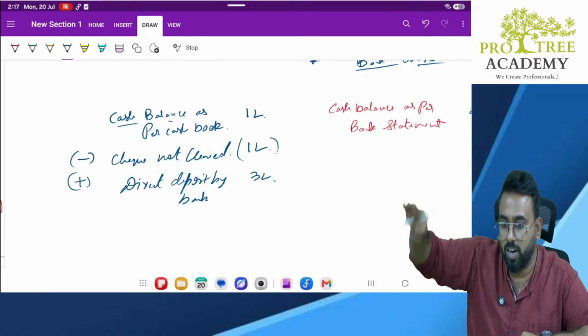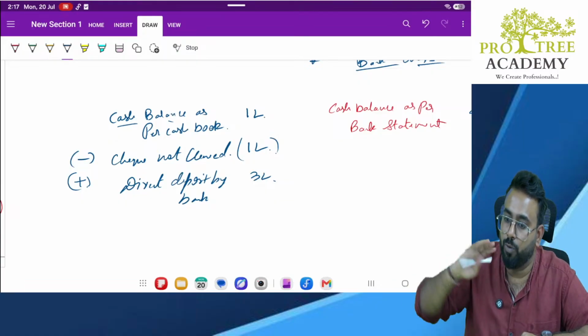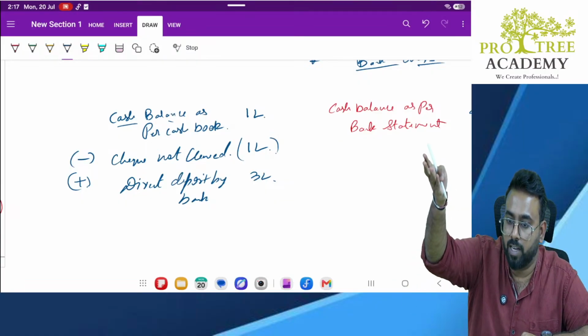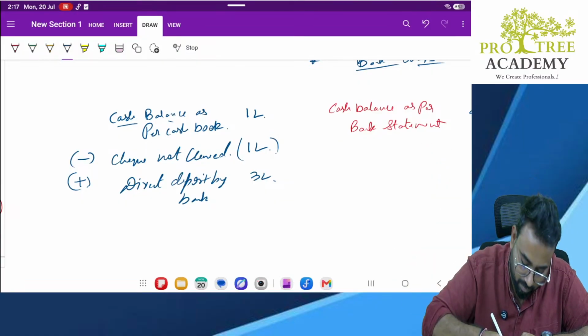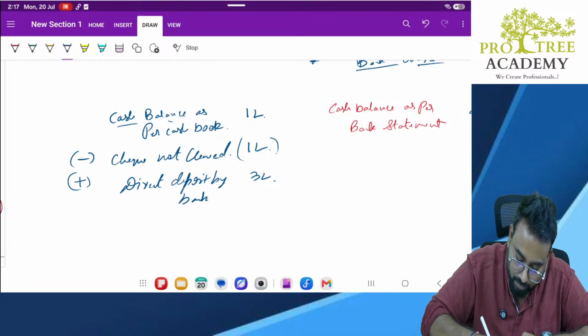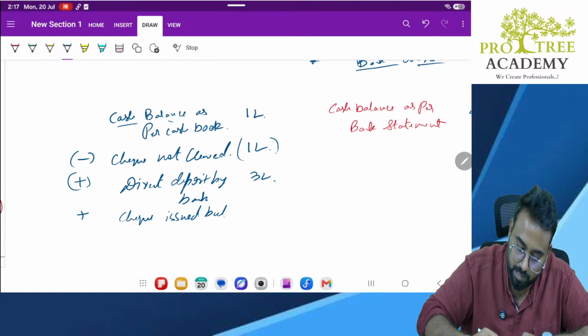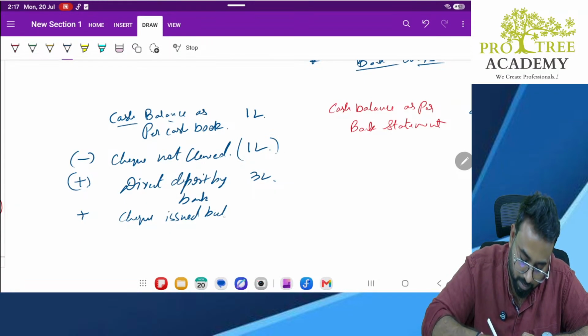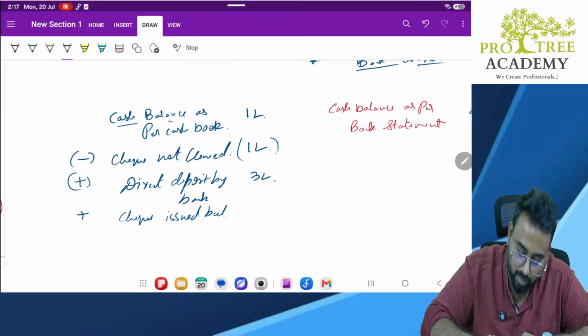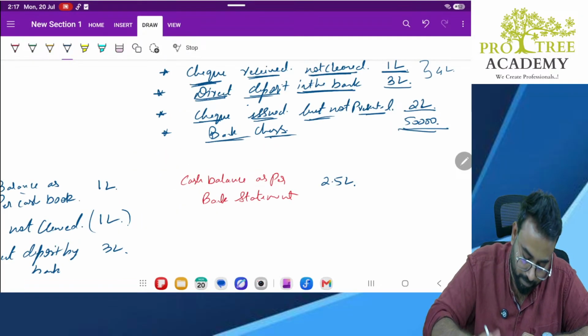So now the balance has not yet come down, so we want to add it back. Correct or no? Plus check issued but not presented. How much is it? 2 lakhs. Correct?